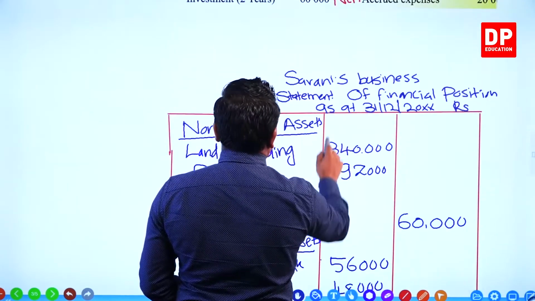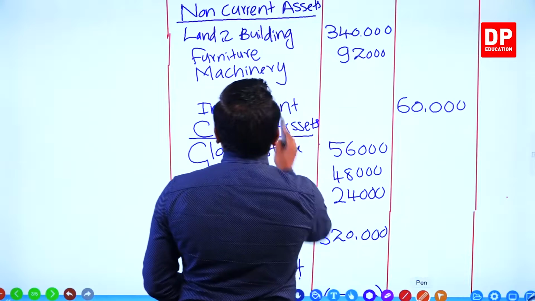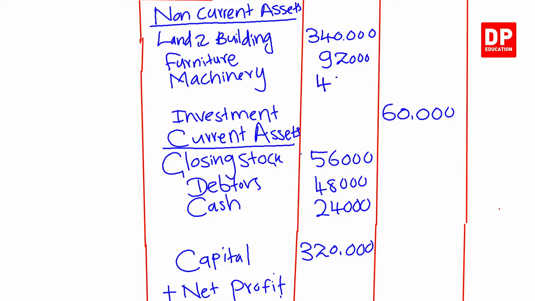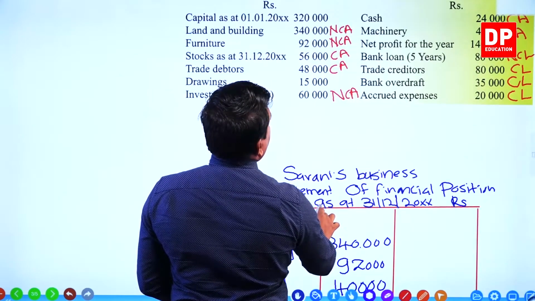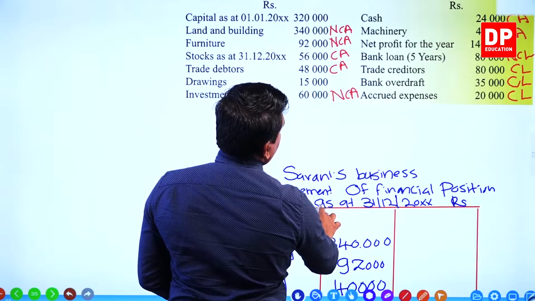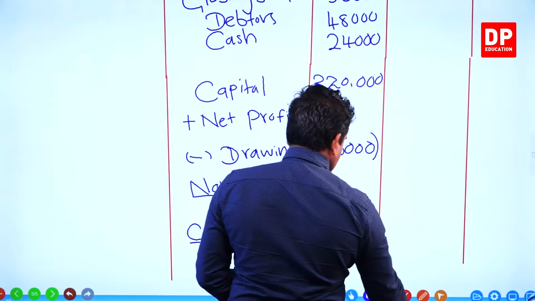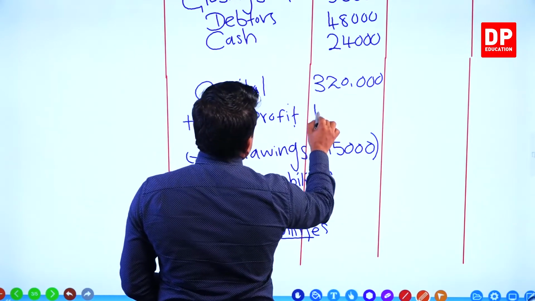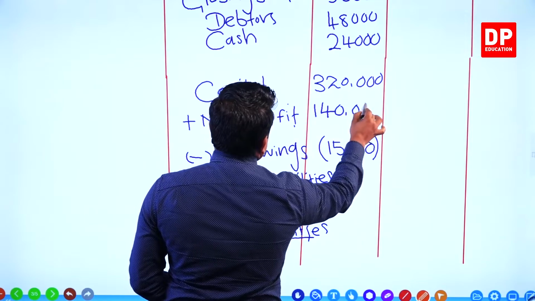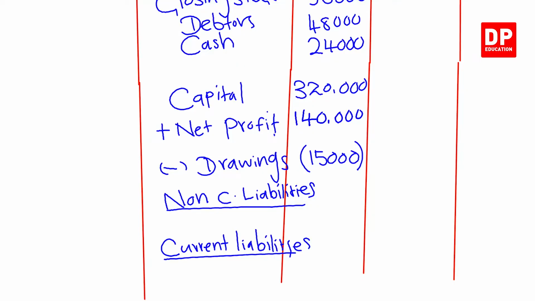Yeah, good, 40,000. Now, next details. Okay. Profit 140, bank loan 80. Bank loan 80,000. Only one item, so we bring it to the corner column.